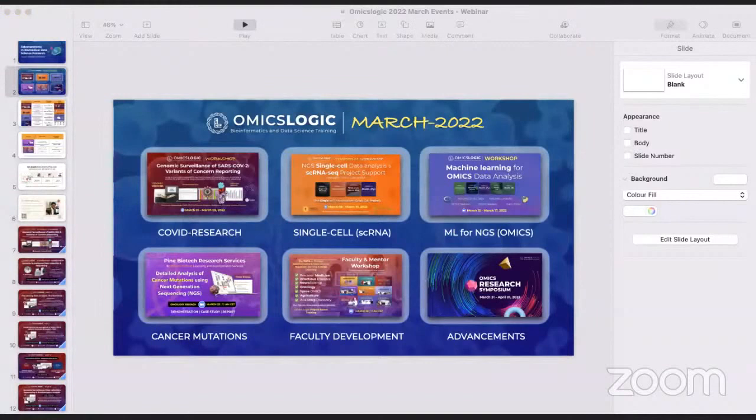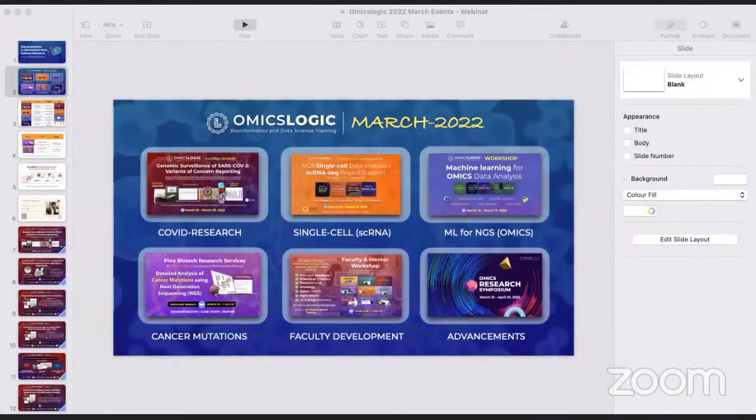So it's a blended training that we are going to be doing throughout the next month. The topics that Ilya was describing are spaced out one after another. We are going to start with COVID research, like genomic surveillance of SARS-CoV-2 variants of concern and their reporting using R script and the T-bioinfo platform analysis.